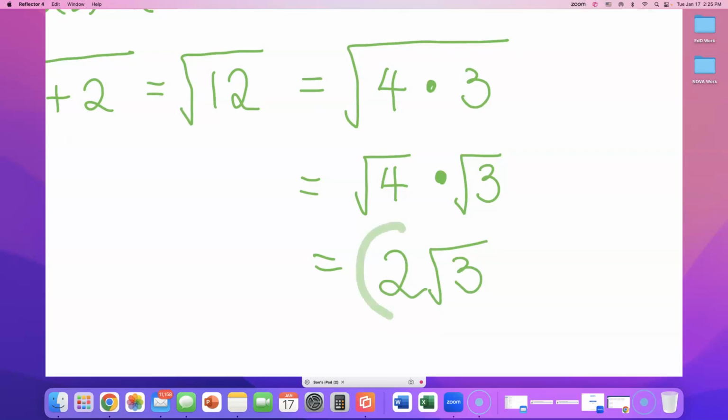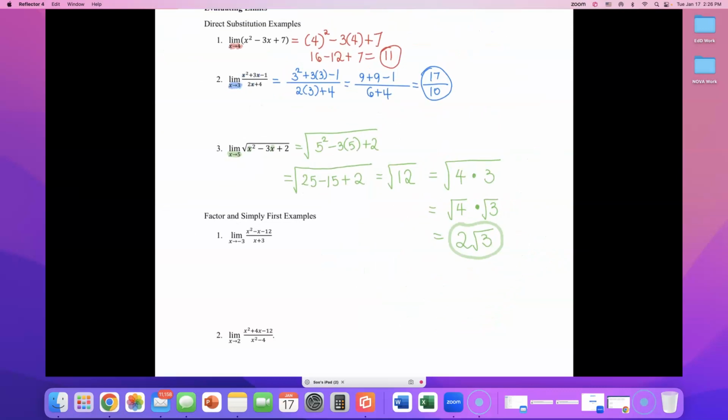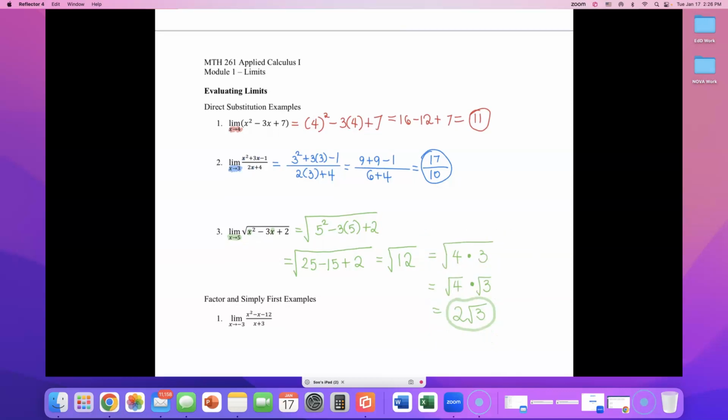So you may see a homework problem that's asking you to simplify a square root expression, but these 3 examples that I just went over, we were able to find the answer by just directly substituting the x value into the expression, okay? Now, that may not always work though, so I will show you the second method now, okay?